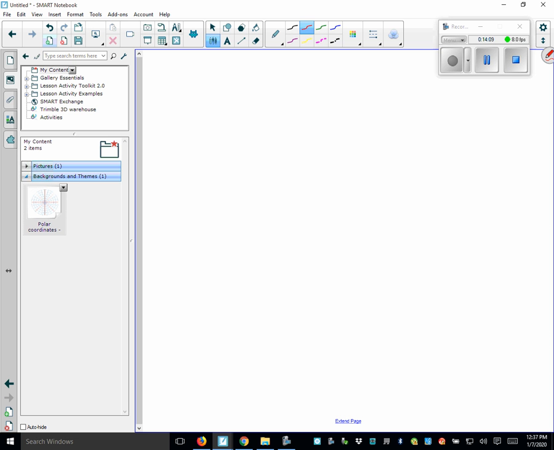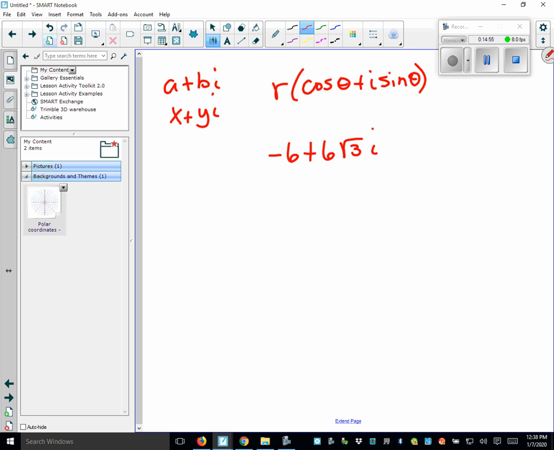So if I give you this, which is rectangular, and this is polar, and I give you a rectangular such as this one, I would like you to change it to polar.